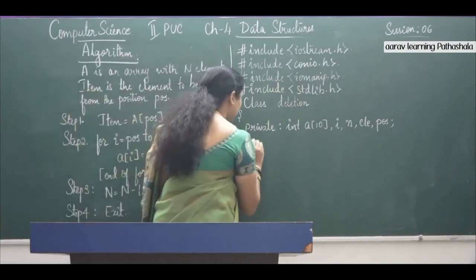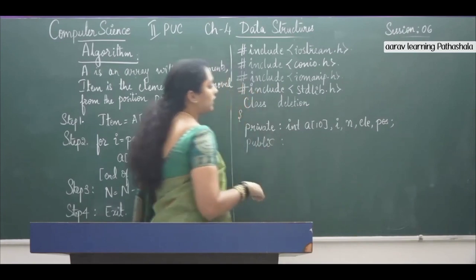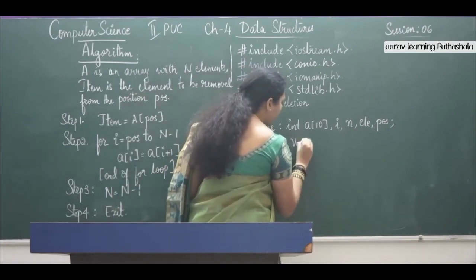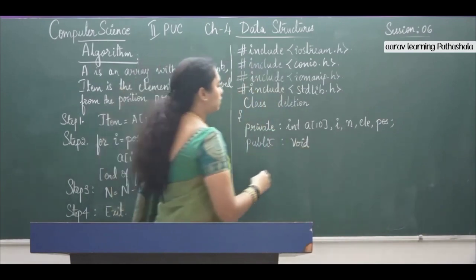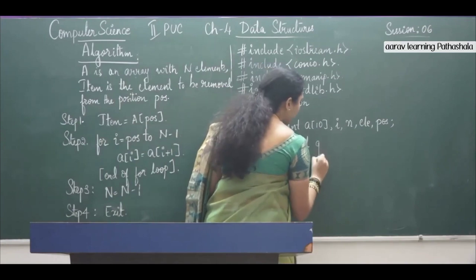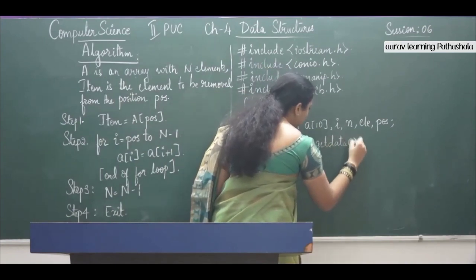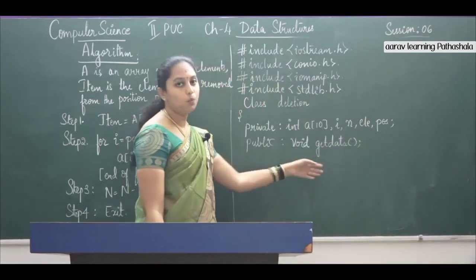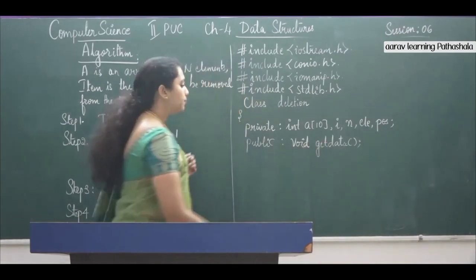In the public section, I am going to declare the functions. The return type is void as it does not return any value. GetData function is used to accept the required values from the user.